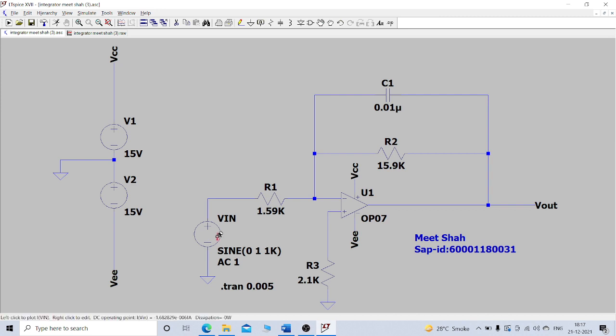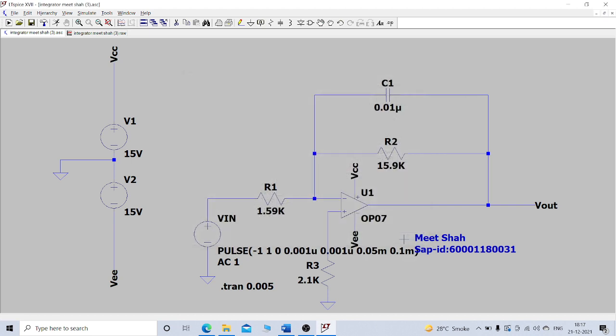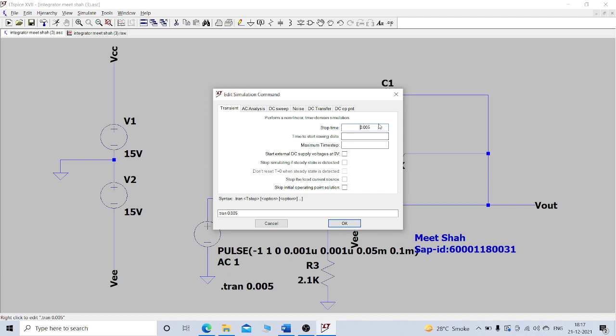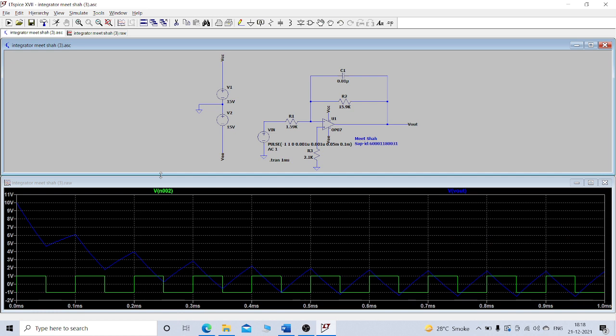Now when we have square wave as an input, we can see for square wave as an input, we are getting a triangular wave as our output.